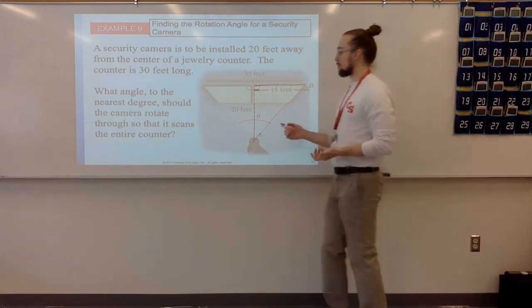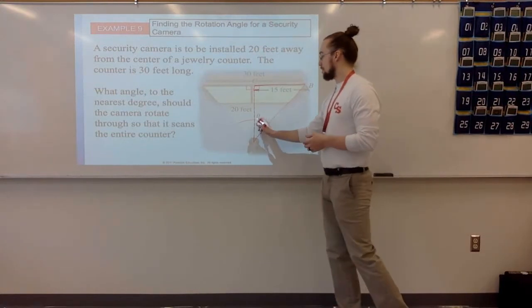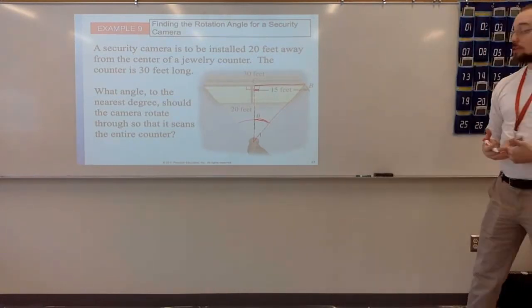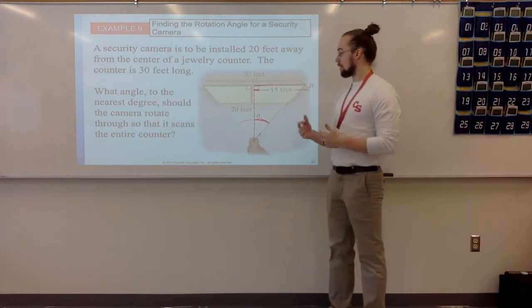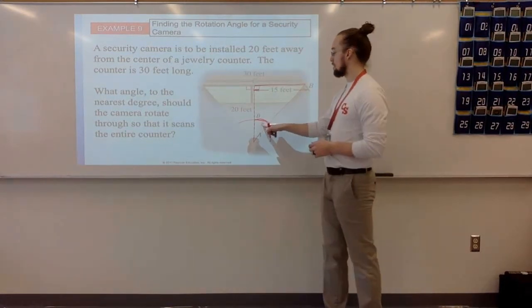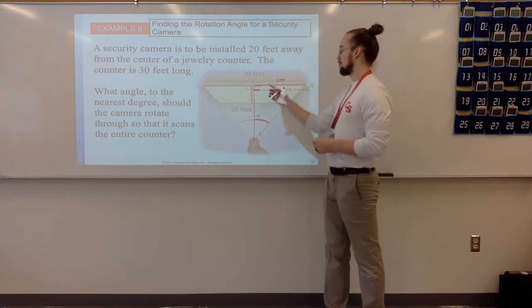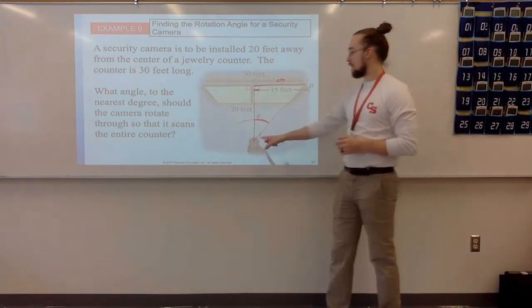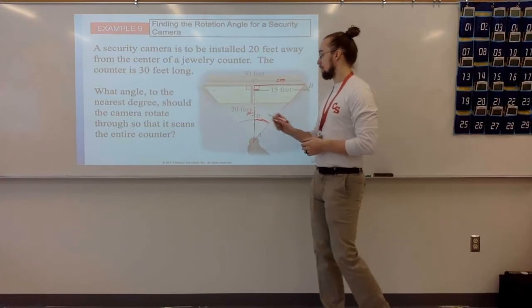So here we just want to solve for a missing angle. So we're going to set this up just like we did before, okay? With respect to the angle in question, I want to think about labeling the sides that I know. So with respect to this angle, this 15 feet here, since we're talking about half of the counter, 15 feet would be the opposite side. This 20 feet would be the adjacent side of this right triangle.